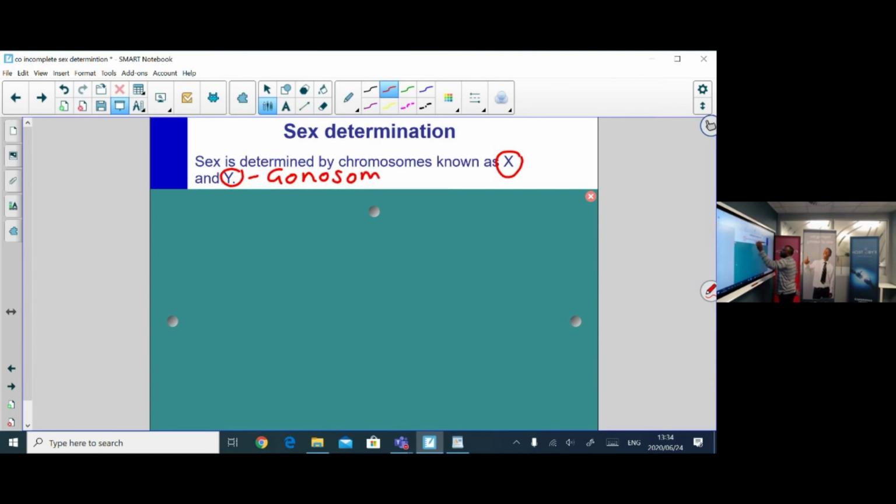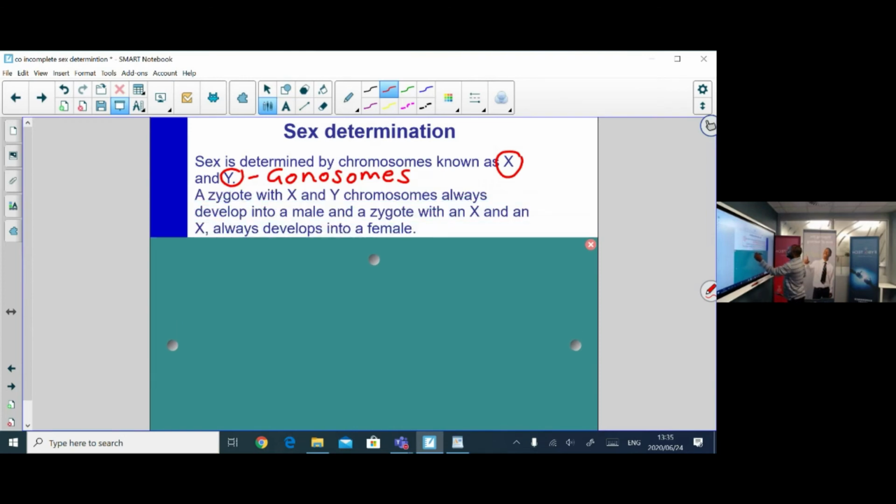These are the questions you're asked during your exams. Just ask, what name do we give to this type of chromosome? These chromosomes that determine sex are known as gonosomes. From your gametes, we get gonosomes: sperms for men, as an example, and ova for the woman counterparts.